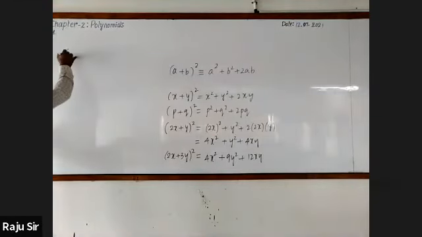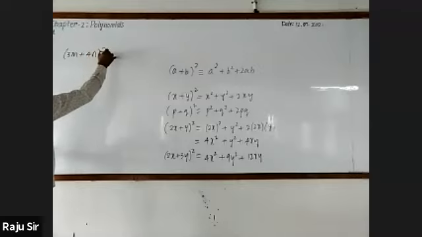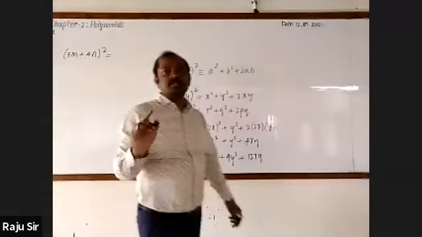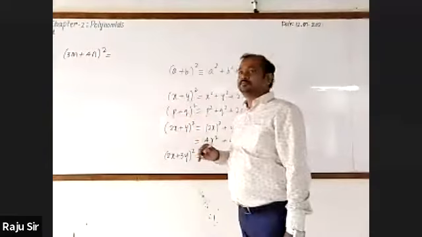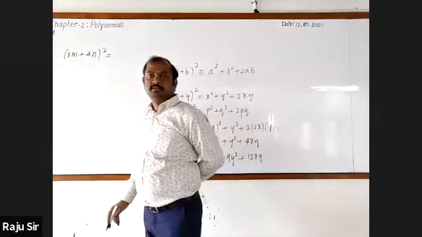Here I am writing (3m + 4n) whole square. Kaula Sheikh and Ritika, you have to give the response. Expand.